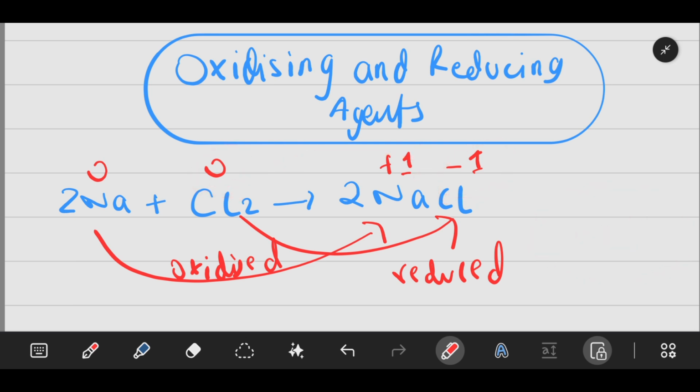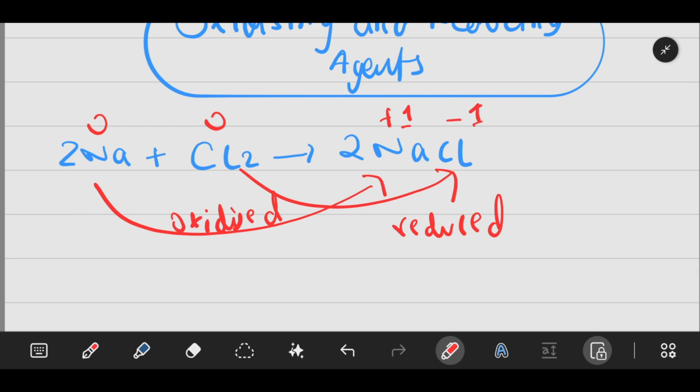So it is reduced. We know that. Now one question, why is sodium even losing that electron? Why does it even need to lose that electron? Because it has chlorine available to gain that electron. That being said, if chlorine was not present here, would sodium have lost that electron?